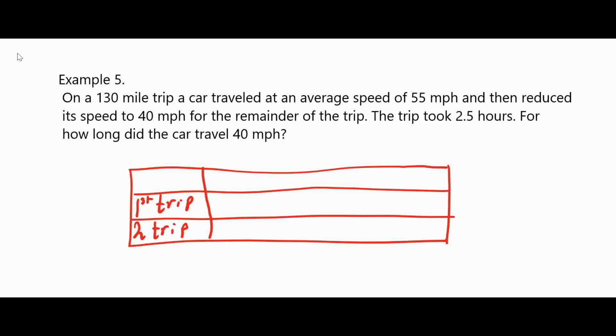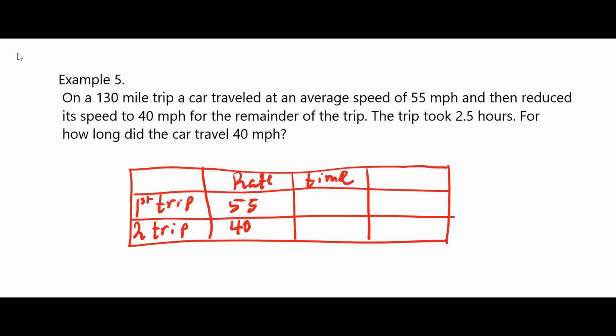So for the first trip, the rate is 55 miles per hour, and then reduced to 40 miles per hour for the second trip, and the total time spent is 2.5.